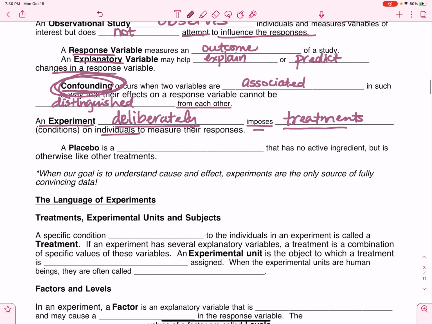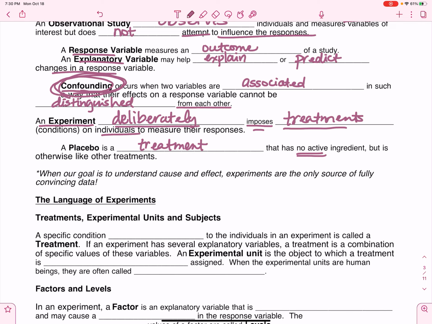Okay, a placebo. A placebo is something that you are probably already familiar with. It is one of the treatments we talk about. It's a treatment that has no active ingredient. So when might this be useful? Well, let's say I'm doing a drug study, and I call for volunteers who suffer from migraine headaches, and I've got a new drug I want to try out on them, but I'm really concerned about the placebo effect.